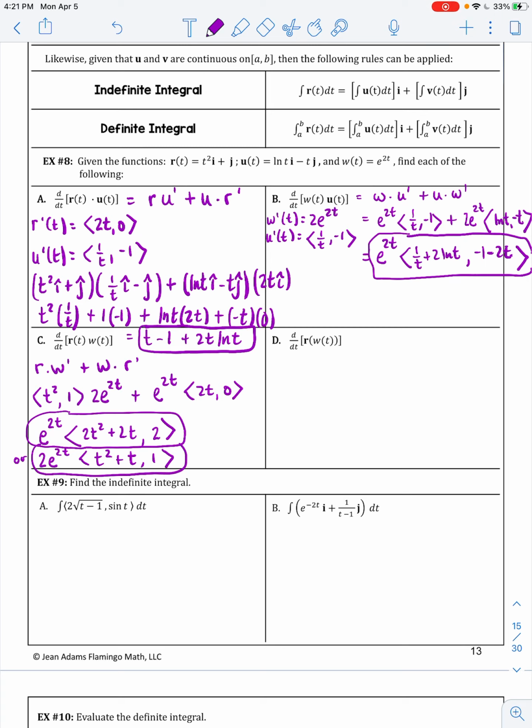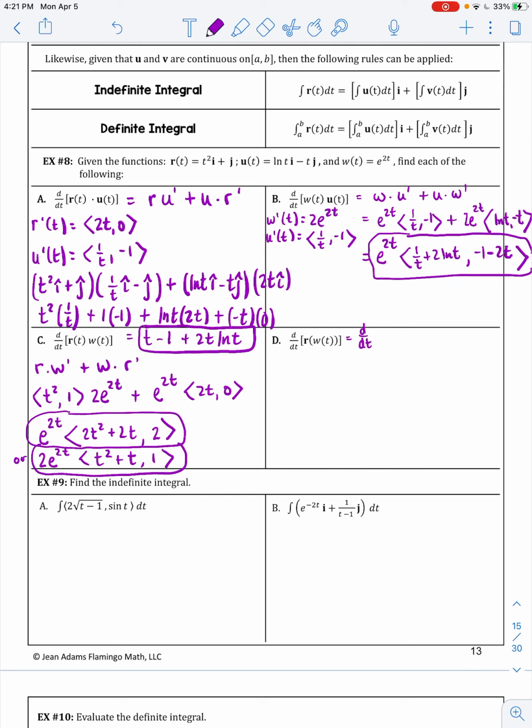Both of these would work. And then for part D, this is a chain rule function.